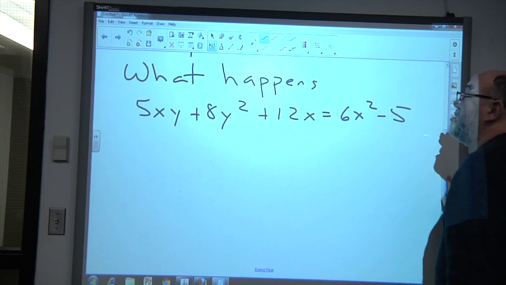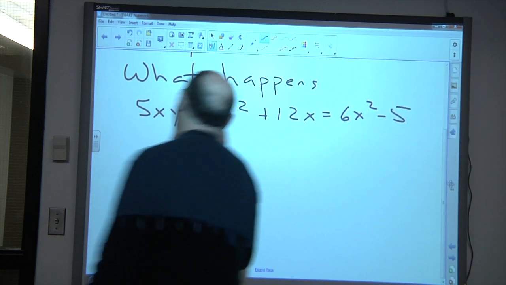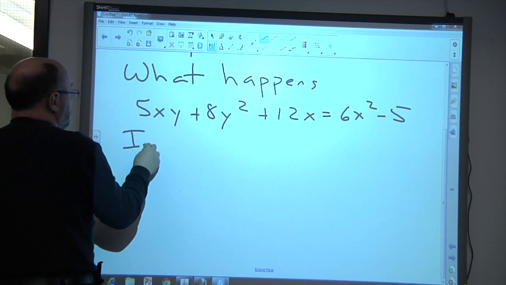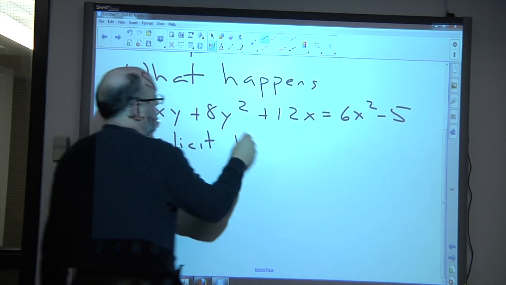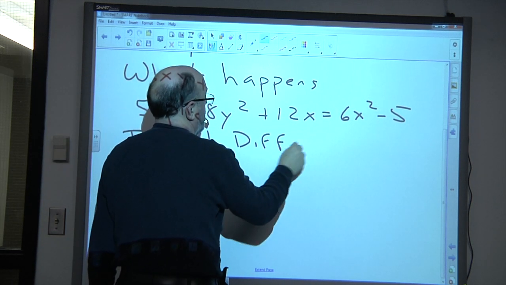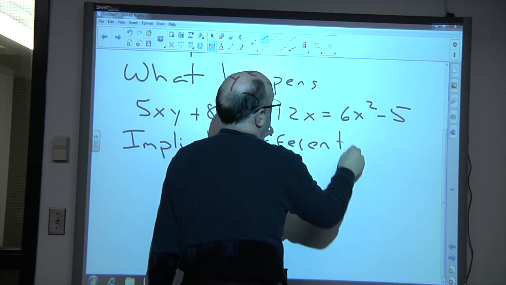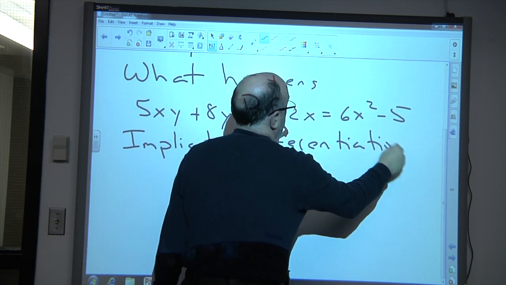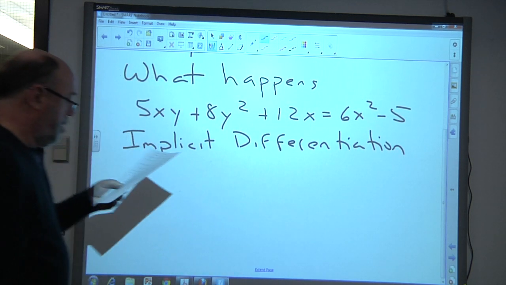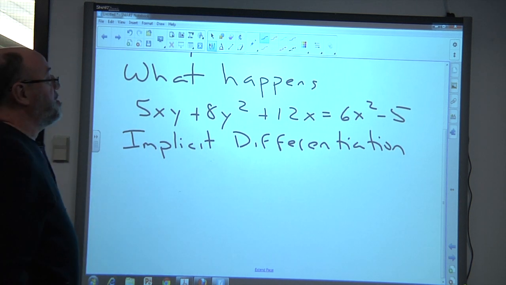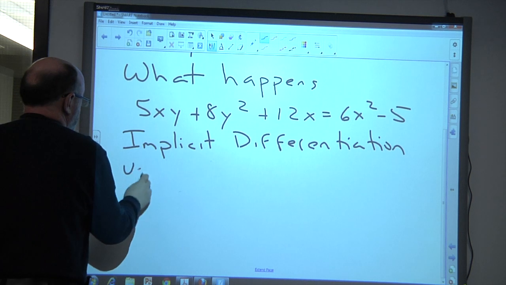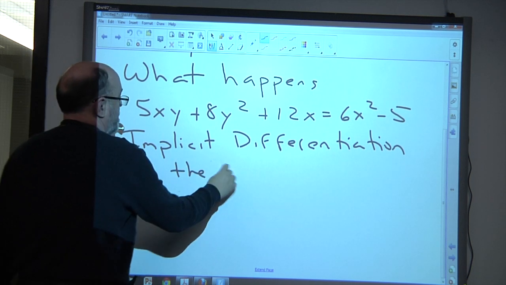So the process for this type, then, is called implicit differentiation. So all the rules we've seen so far still apply, so we're going to still use the same rules.